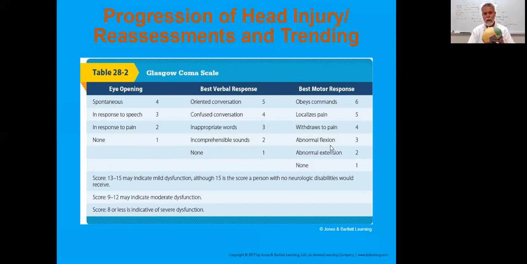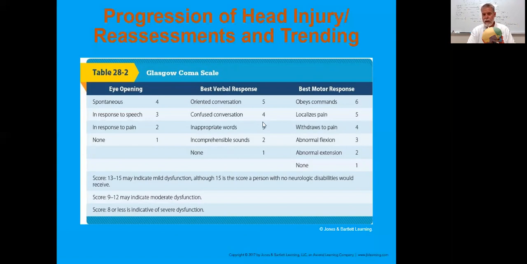The eye opening, the verbal, and the motor response. Eye, verbal, and motor. It's just a way to remember the things that we're assessing in a GCS. If you think eye, verbal, motor, 4, 5, 6, that's how you can remember what points are associated with this.